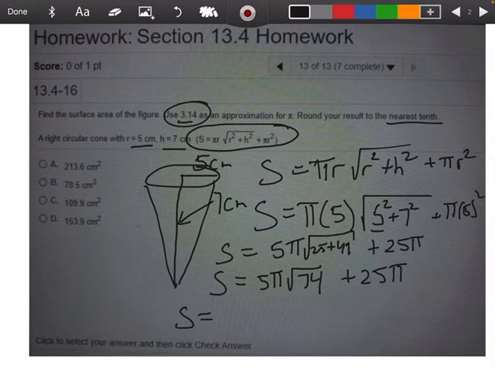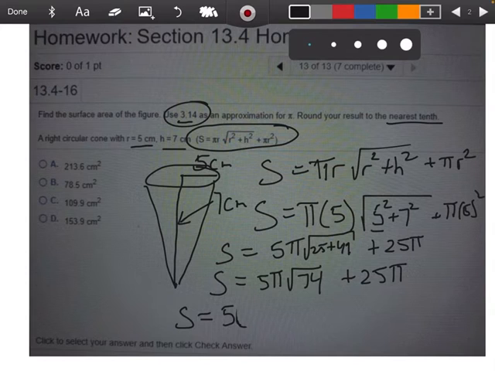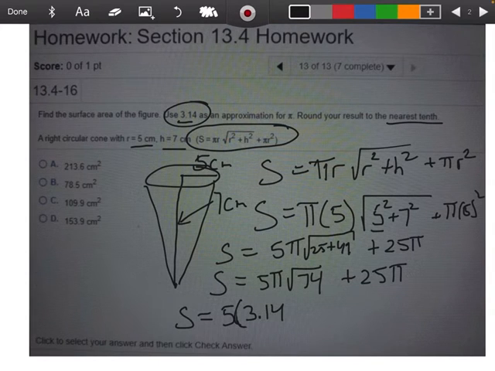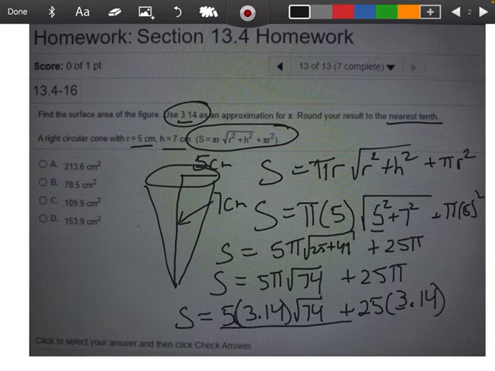So we're going to write 5 times 3.14 times the square root of 74 plus 25 times 3.14. This part right here, guys, I'm going to enter in my calculator exactly as I see it.